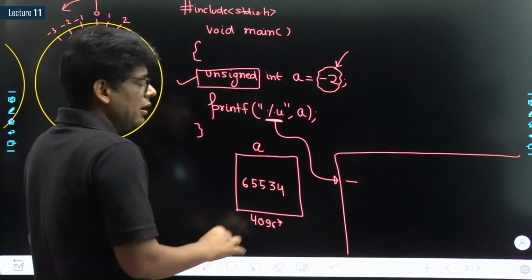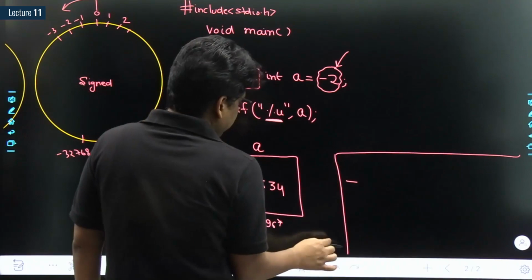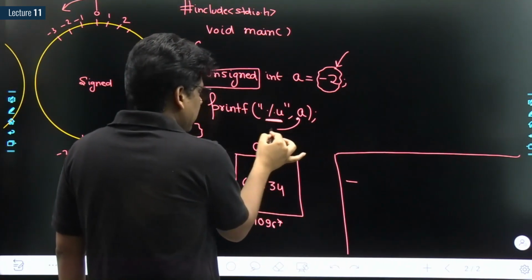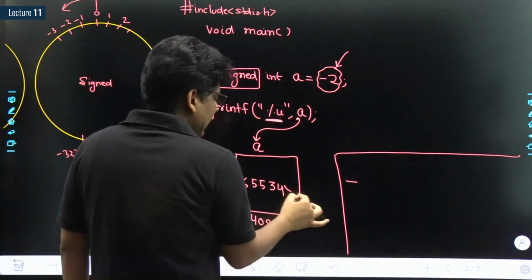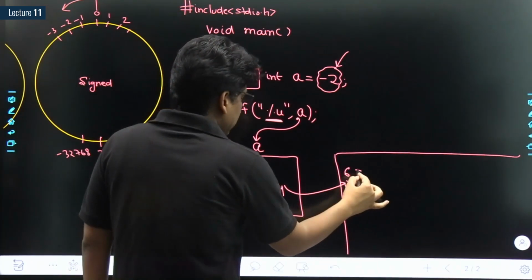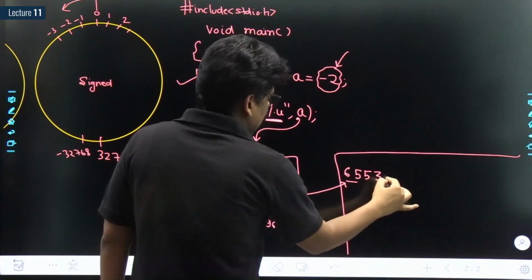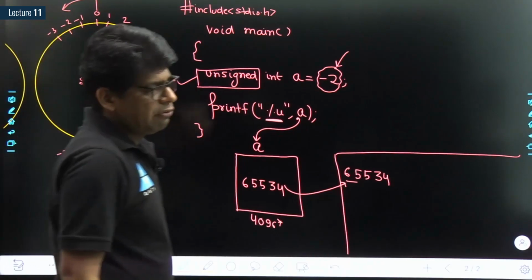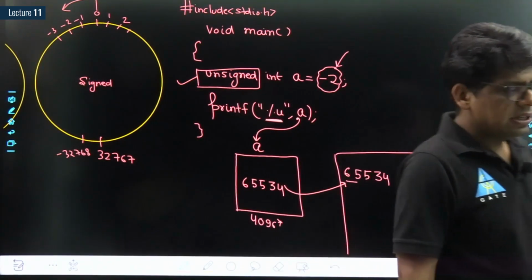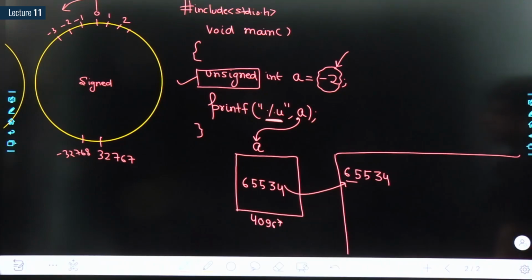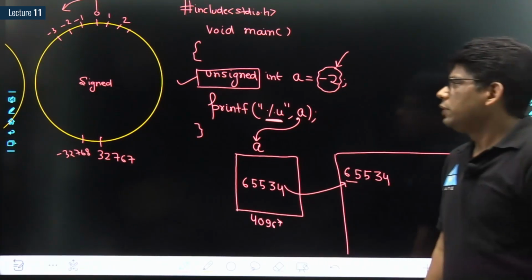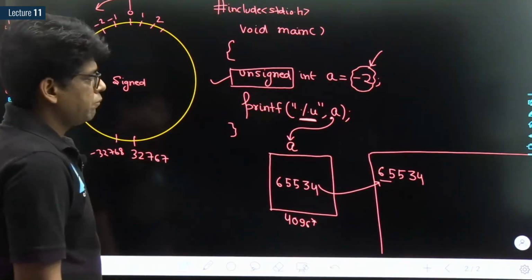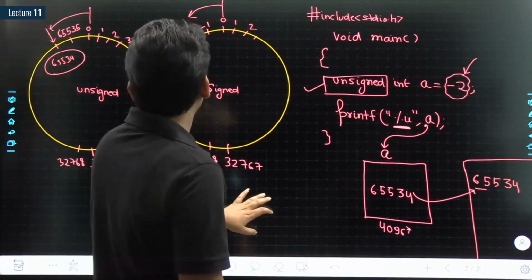But from where should we collect that value? We are telling printf, go to memory location a, collect this value and print it here. So the output of this code is 65534. I hope you get to know about this.